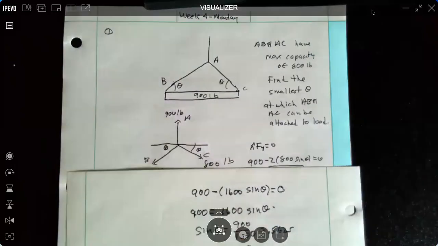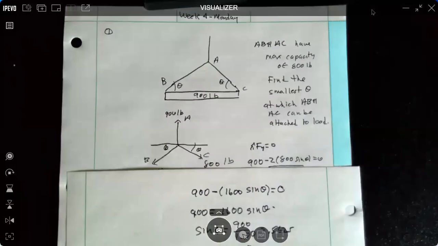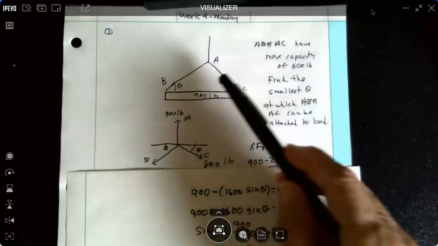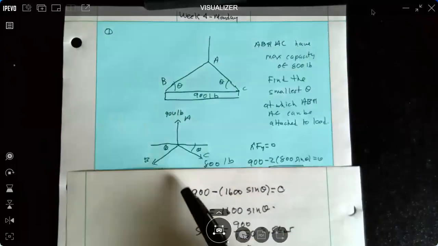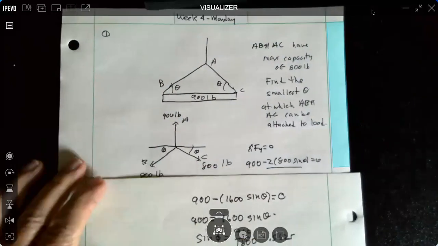If it was 1,000 pounds, it'd be 1,000 pounds in this vertical cable at A. So this is 900 pounds. The cables AB and AC have a maximum capacity of 800 pounds. So we draw those with 800 pounds each.